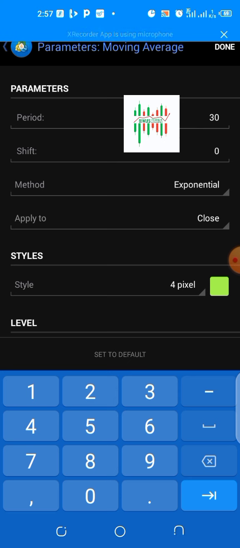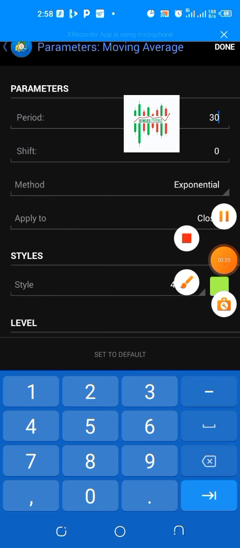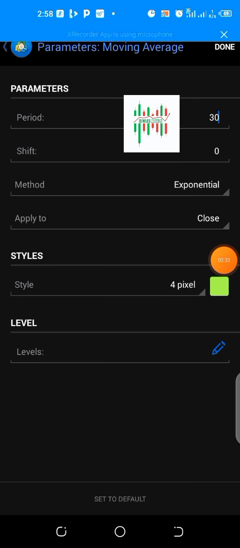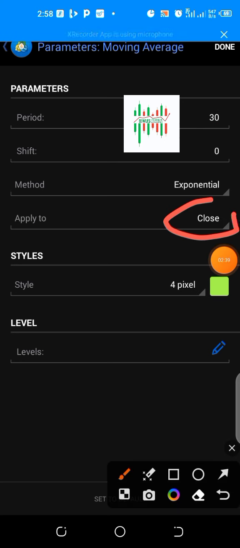Make sure this method is at exponential, and applied to close.